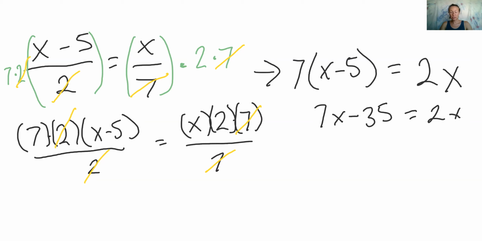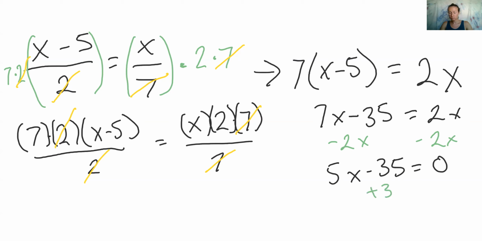So I'm going to subtract 2x from both sides to get all my variables onto the left-hand side. So now I've got 5x minus 35 equals 0. And then I'm going to add 35 to both sides. And then I'm going to get 5x equals 35.